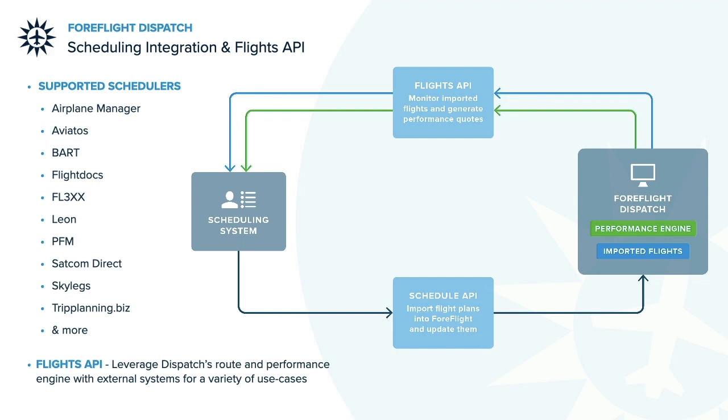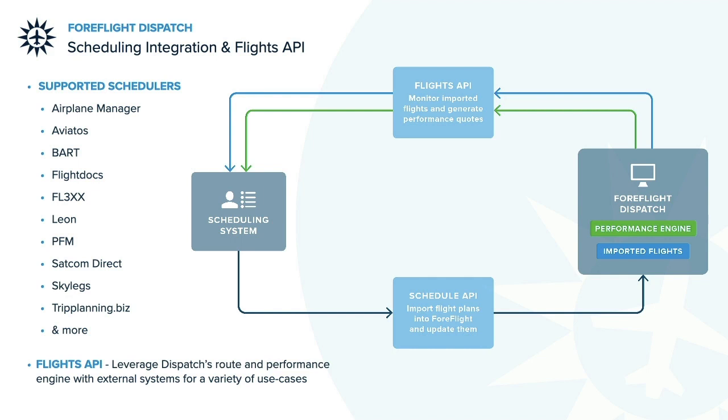So I've heard of some operations who have improved their customer quotes because they can use dispatch's really highly accurate performance engine to calculate very, very accurate flight time and fuel burn, and use that to create better and more accurate prices for their customers.